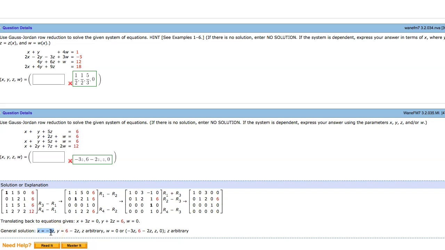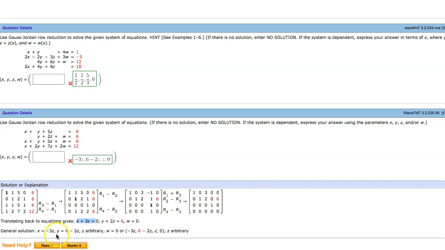Okay, they wrote it out here, didn't they? So we have these two equations. W is 0, so W is gone. W is toast. Now if x is neg 3z, you can switch between x and z.